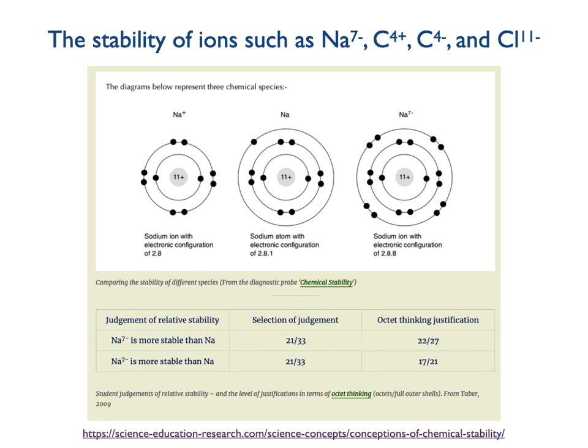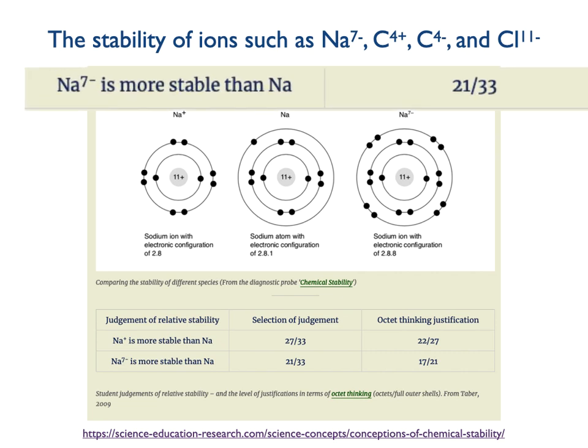I was very surprised in my work with my own students to find that they often thought that the Na+ ion was inherently more stable than the neutral atom, so the atom would spontaneously ionise itself, and indeed, even more worryingly, that the Na7− ion would also be more stable than a neutral atom.